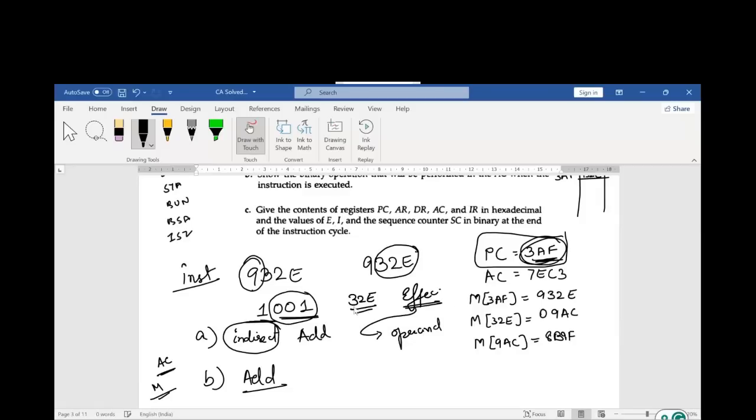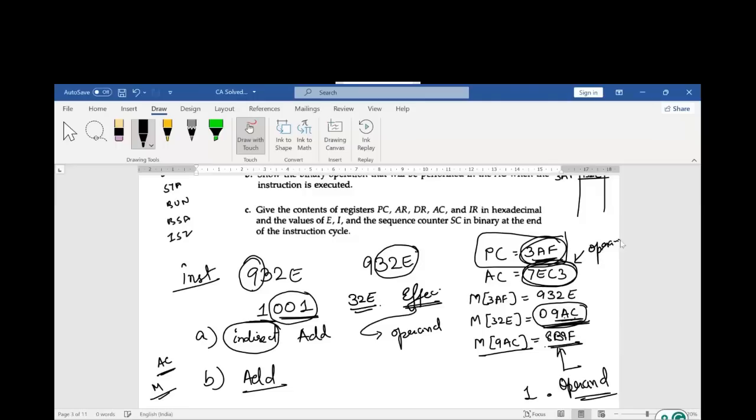So what is your effective address? At 32E you will have your effective address, 09AC. So we go and fetch the operand from location 9AC. At 9AC we have 8B9F, and this is my operand. One operand is 8B9F, and the second operand is the accumulator.